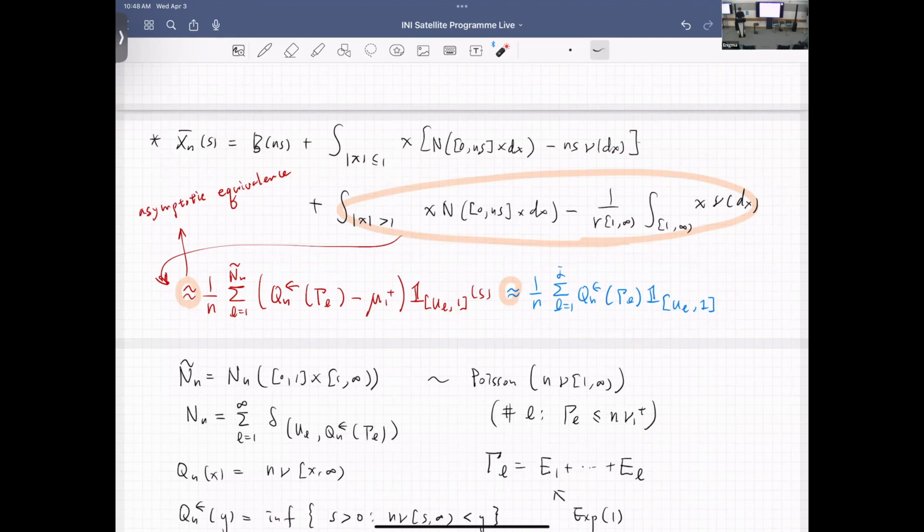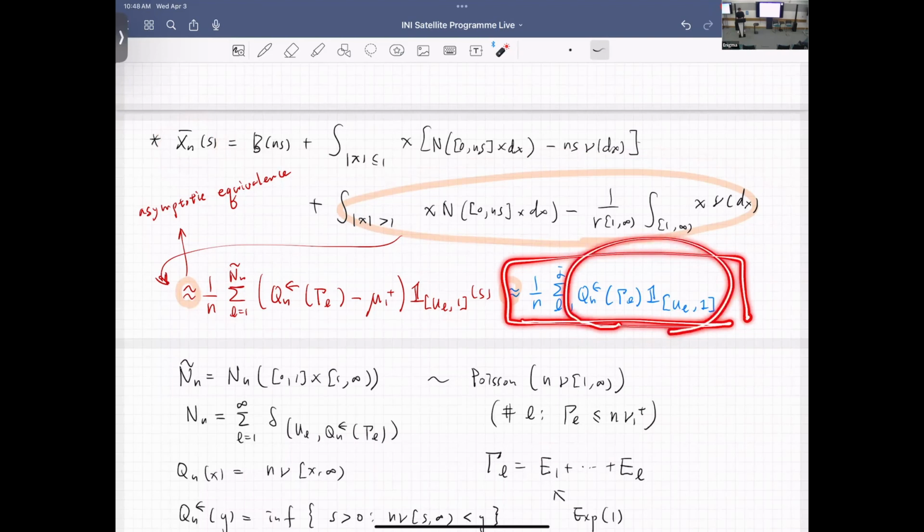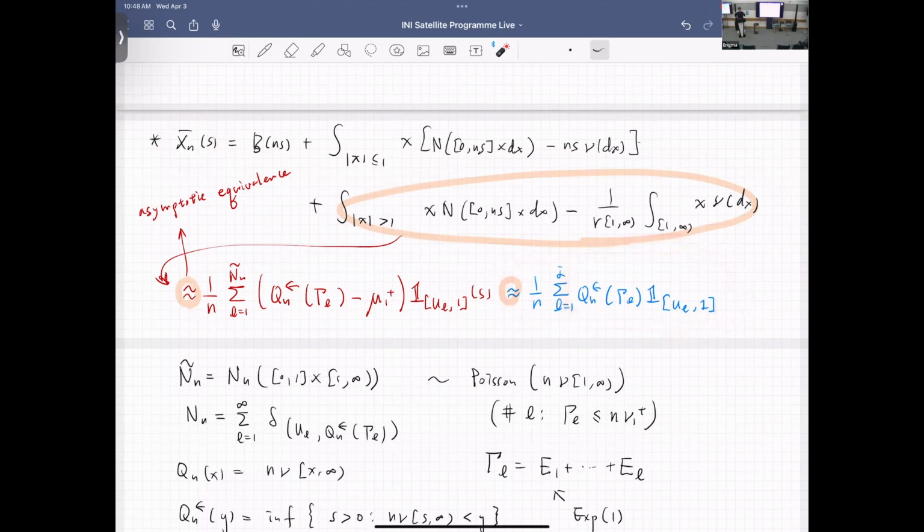So we prove the LDP for this, we get the LDP for this. And this one is fundamentally finite dimensional, right? Because this is a step function with j jumps. If you decide the jump points and the jump sizes, then this is completely characterized. So the LDP for this is basically a finite dimensional LDP, although this is a sample path LDP.